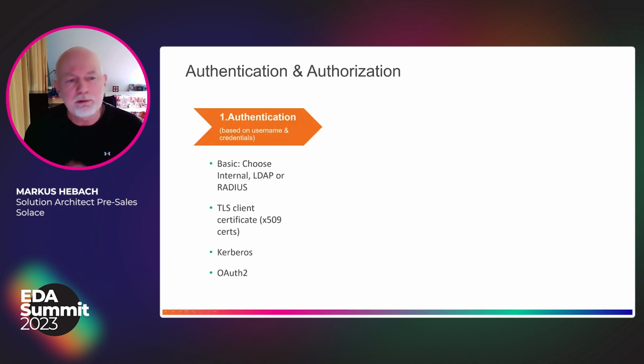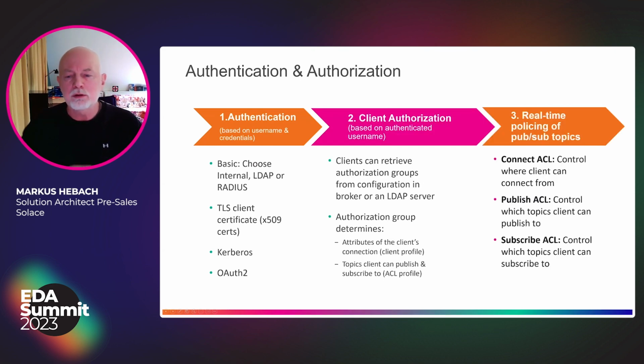go through the overview again, just to make sure that we have it in one go. So we have authentication with all the options. We have client authorization. Based on different values, we can authorize it, or we can use authorization groups.